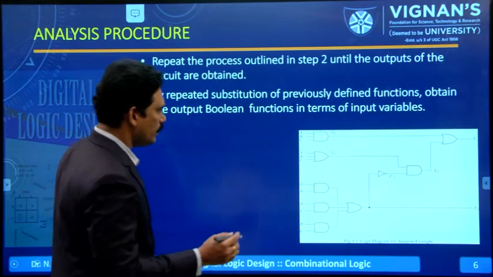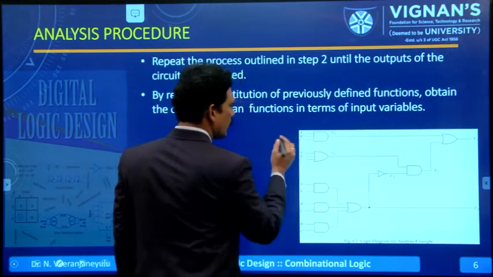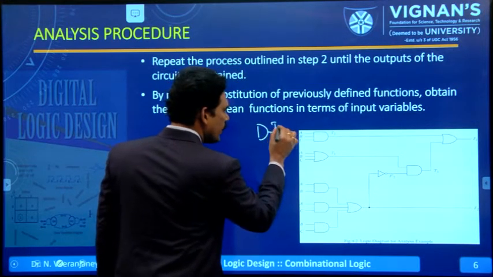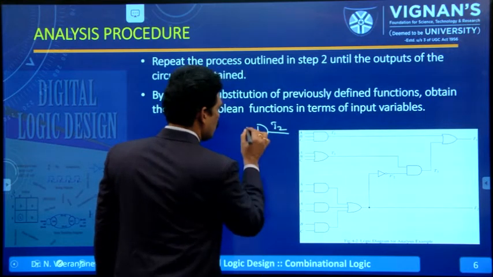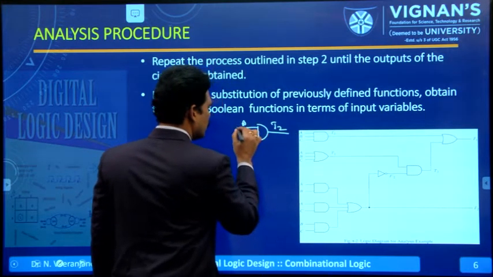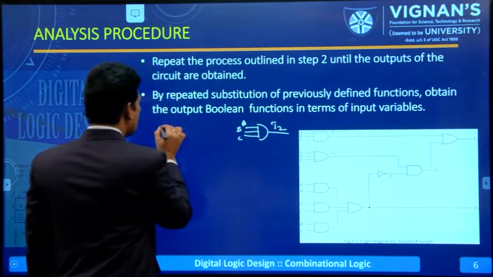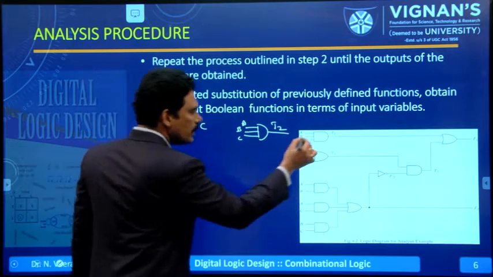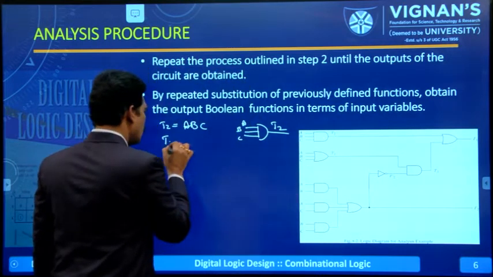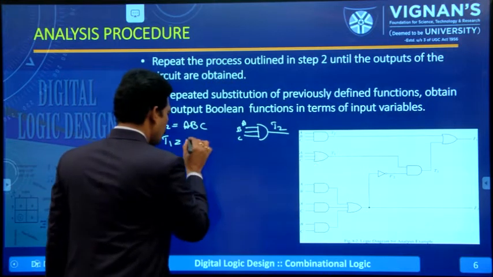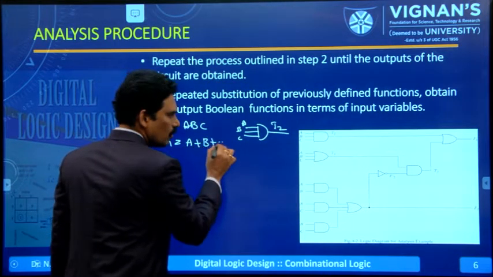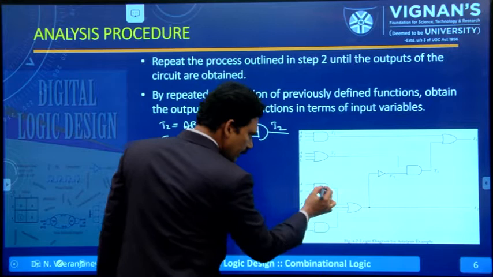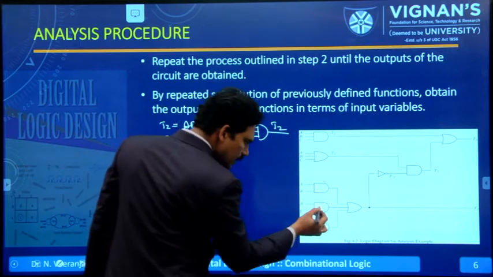This is one gate, and the name of the gate output is T2, which is ABC. So T2 is equal to ABC. What about this one? This is T1, and T1 is equal to A plus B plus C, since this is an OR gate. And these are AB, AC and BC.